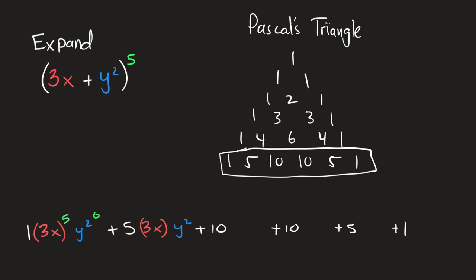So this would be to the 4th, and this would be to the 1st. And then there's a 3x component. There's actually a 3x component in each of these. And there is a y squared component.